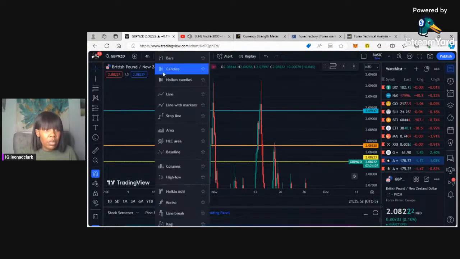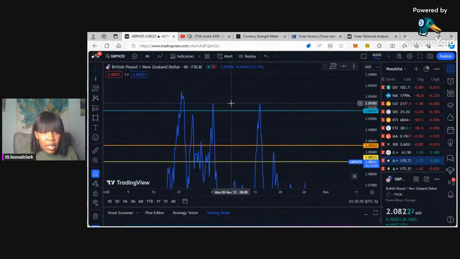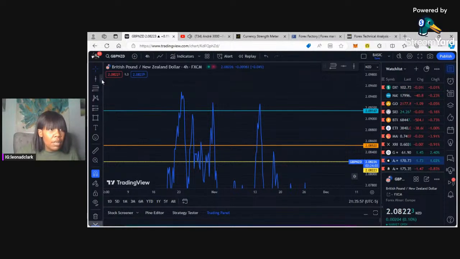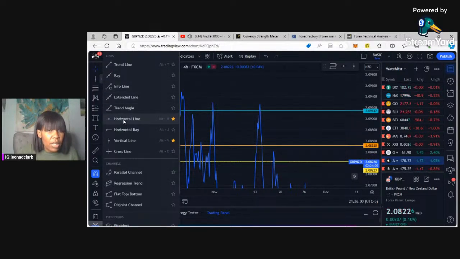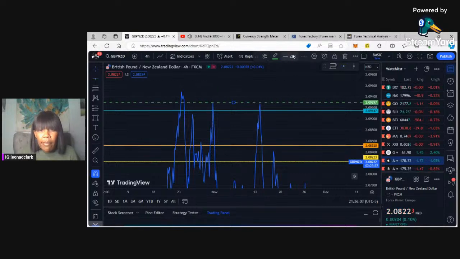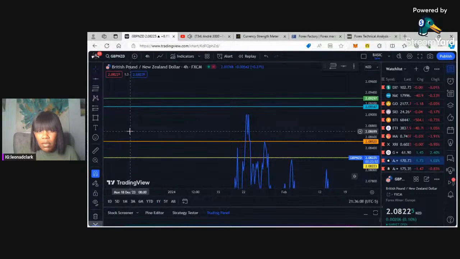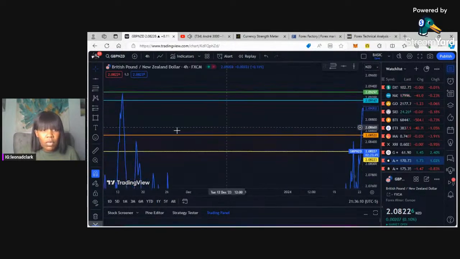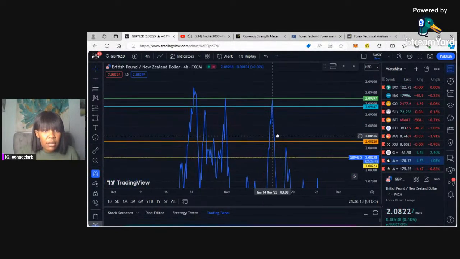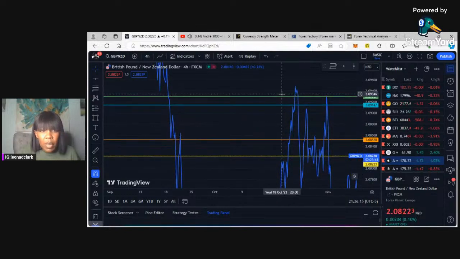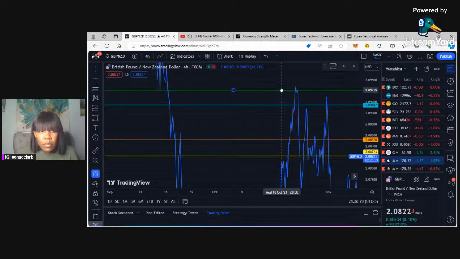Okay, there we go. So I see that, I don't know if that other one hit this, but we're about to find out. Let's see. I thought, nope. Okay, so that's only one. So maybe if I do this one. Okay, so this one has two. Oops. It has a resistance and a support.